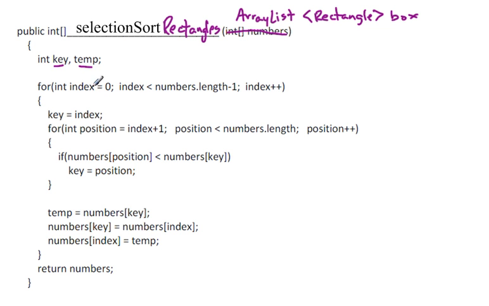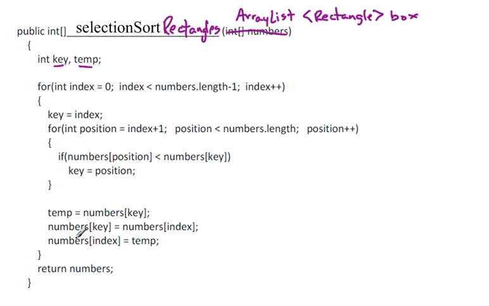If we look here, we have an index that starts at 0, goes to pretty much the end of numbers, and we start off with key equaling the index, which tells us that key is a position along the way here. And we're looking with selection sort. Remember, we're always looking for the smallest or the largest of the elements. And if we look here, we found our position. Key equals position. So bear in mind, key is a position or an index.